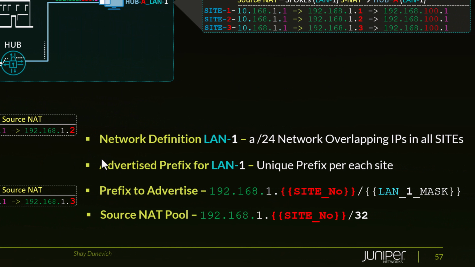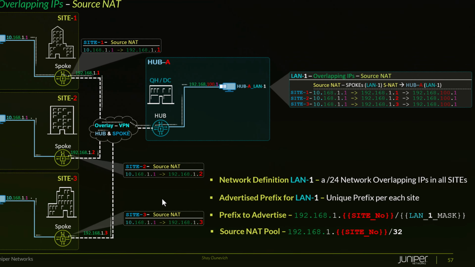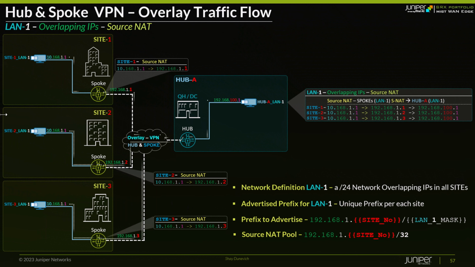And for that, as you will see in the next few slides, we're going to take a look at how we use site variables and use them on networks. Again, I covered this already in previous sections when we discussed the LAN 0 use case. But this is a very powerful way to use a single template that is associated with multiple sites on Mist. So we're gonna do this here in LAN 1 as well.